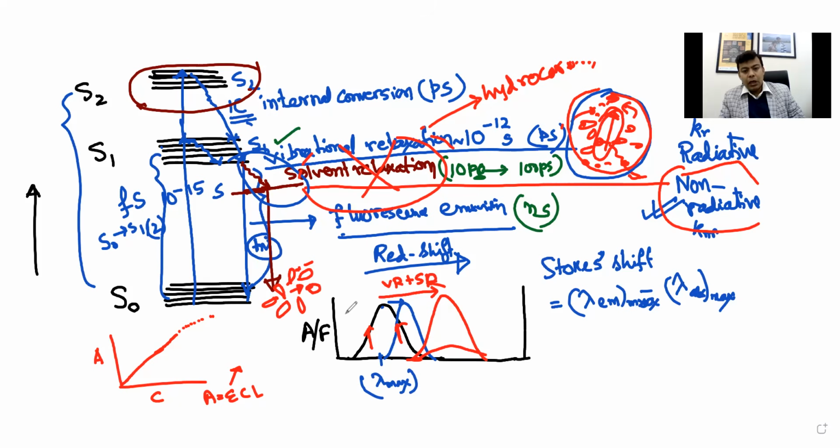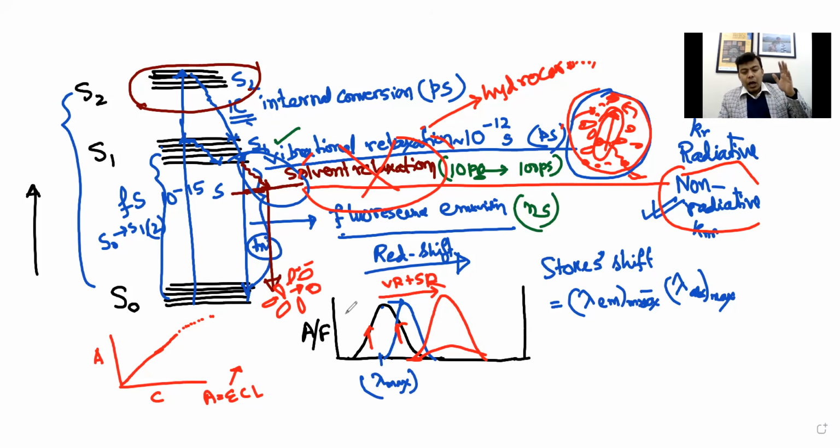Excitation typically takes the molecule from the ground state to the first electronic excited state, but it can also go to a higher excited state if you are going to the blue end of the spectrum.